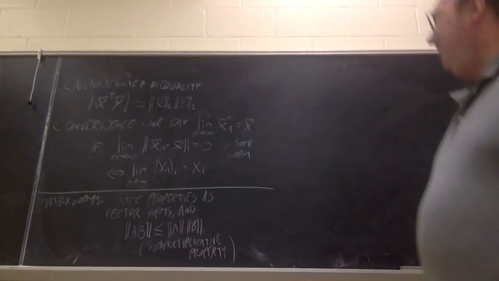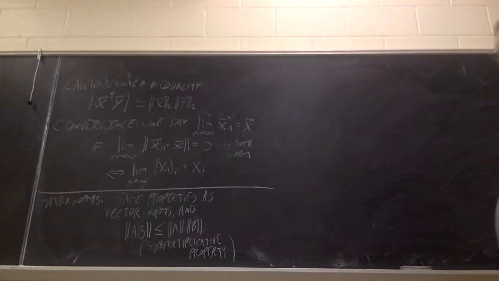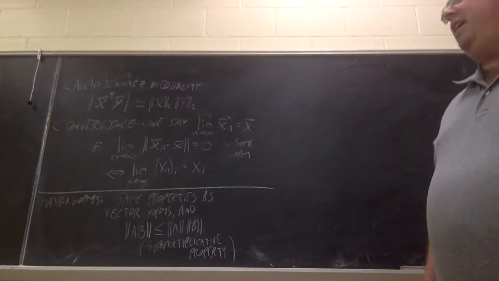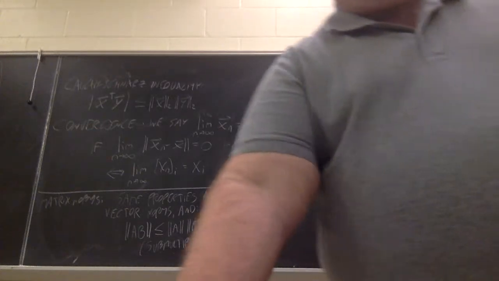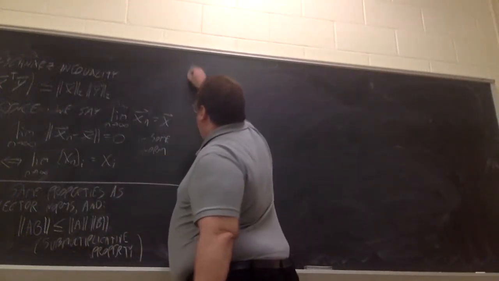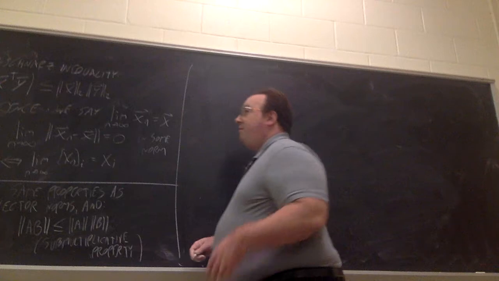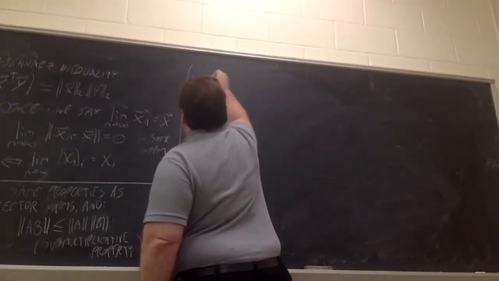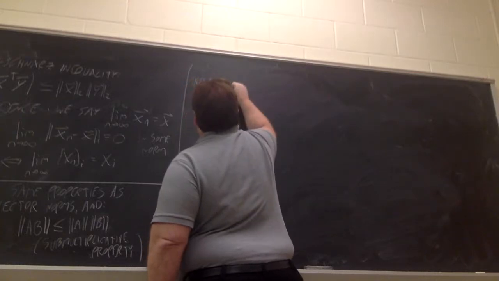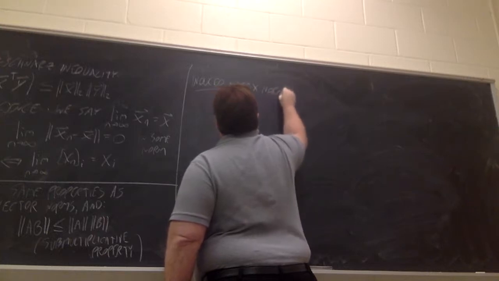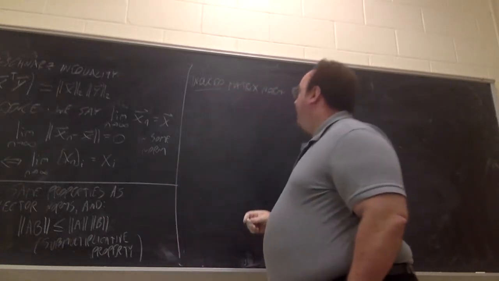Now, how do we define a matrix norm? Unfortunately, we can't really define it as easily as we can for a vector norm. We do have matrix p norms, but here's how we define a matrix norm from a vector norm. We say a matrix norm is induced by a vector norm.